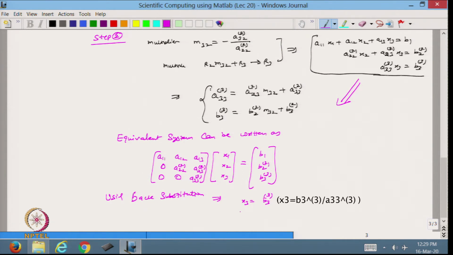From here my x2 will be B2 minus A23 x3 divided by A22, because this will be A22 x2 plus A23 x3 is equal to B2.